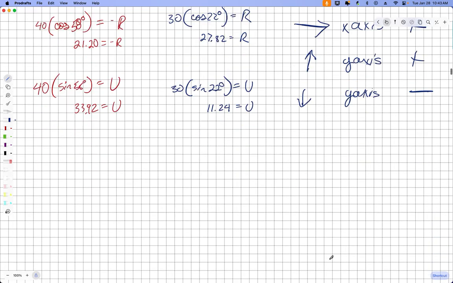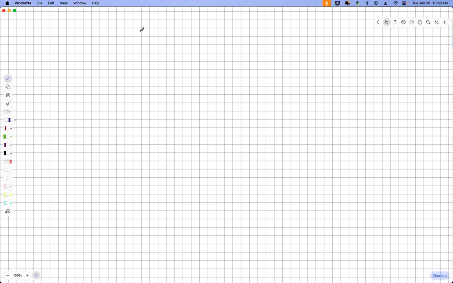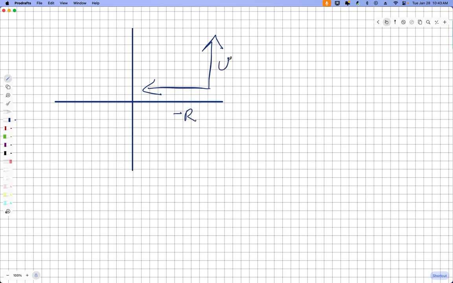Okay, so if you have a problem like this, and it is saying that it's going this way and this way, then you've got a negative R and a positive U. Even though it's pulling from over here, it's moving to the left.